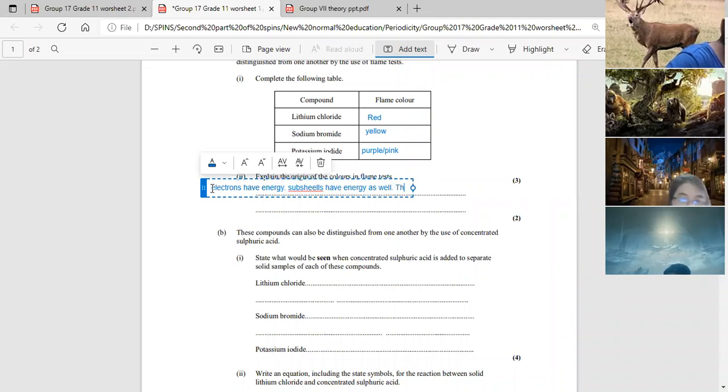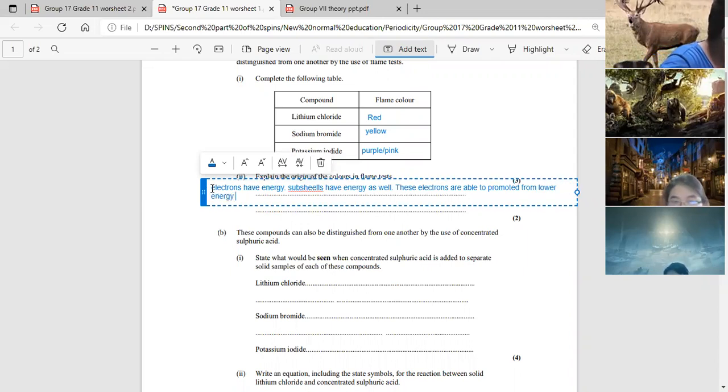Electrons are able to be promoted from a lower energy subshell to a higher energy subshell, or vice versa.